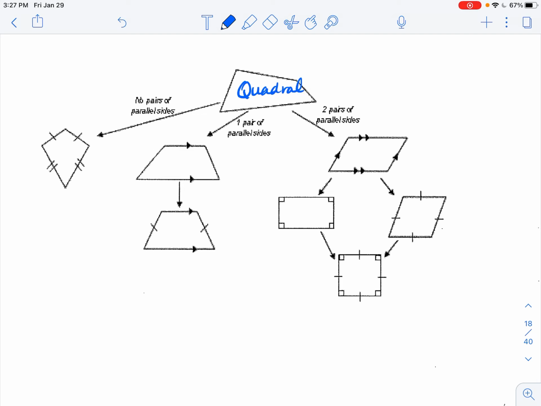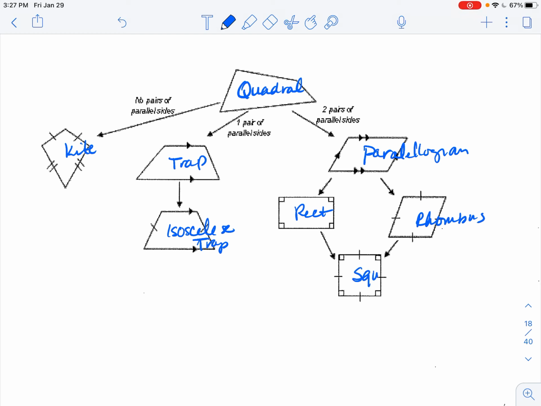It's got 4 sides. No pairs of parallel sides, that would be a kite. Then we have the trapezoids that have 1 pair of parallel sides. We also have the isosceles trapezoid. We have our parallelogram that has 2 pairs of parallel sides. We have the rectangle. This one is our rhombus, and our square.